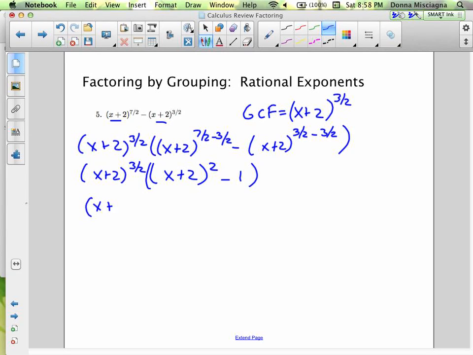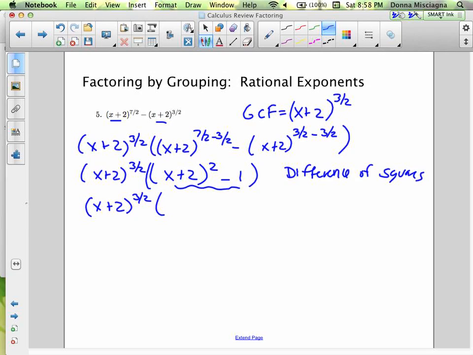So x plus 2 to the 3 halves, if we square the x plus 2, because we're going to be able to combine like terms, can't solve that. You know what we could do? Instead of factoring and instead of multiplying it out, let's use difference of squares. That'd be a lot easier.